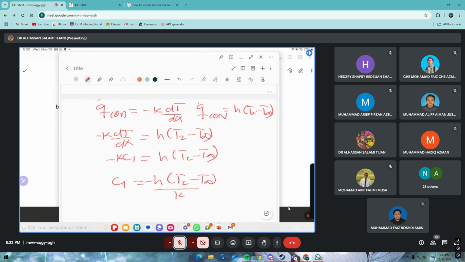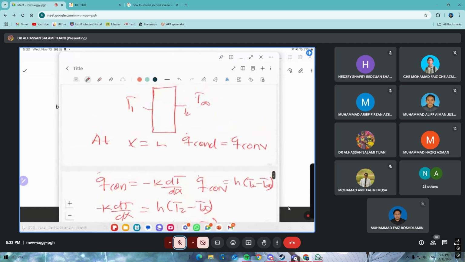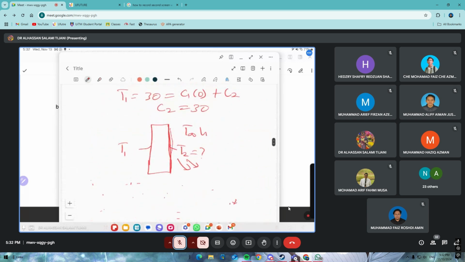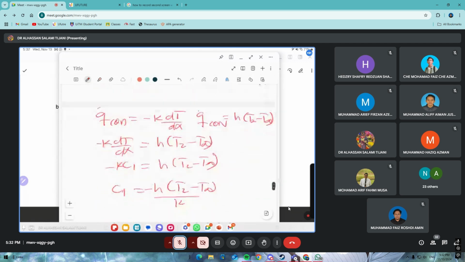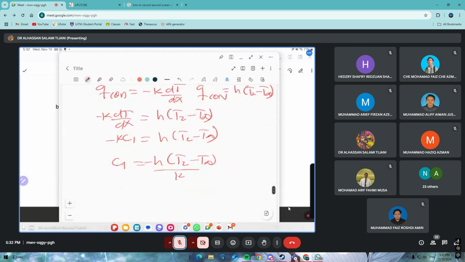Okay, so now I'm going to substitute my values for C1 and C2. C2 is 30 and C1 is given by this equation. Okay, so now we have T as a function of X equals C1 X plus C2.